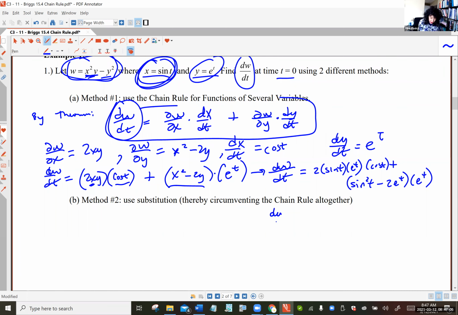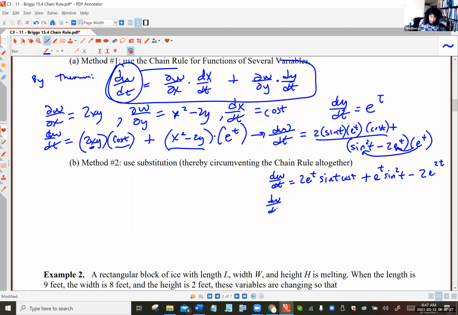The first term looks better if you put your exponentials in front of your trig functions. And I'll distribute this e to the t over the difference. So I'll have e to the t sine squared t minus 2e to the 2t. So there's the derivative of w with respect to time.